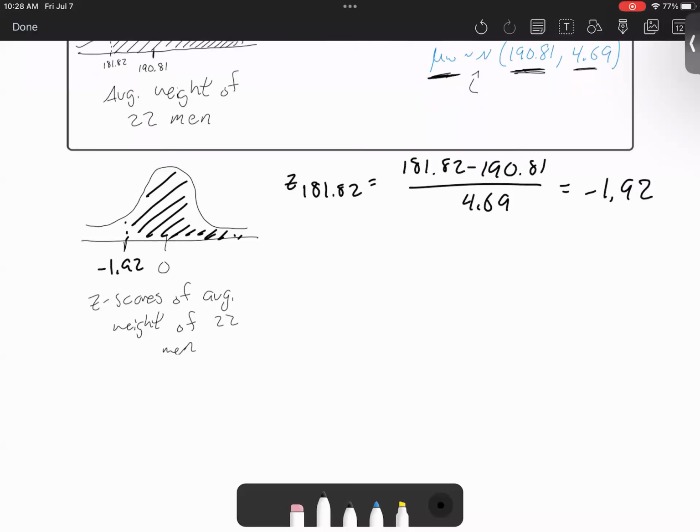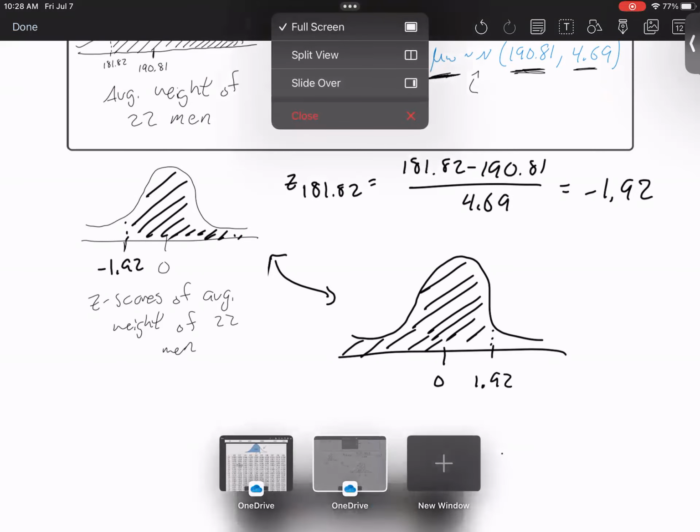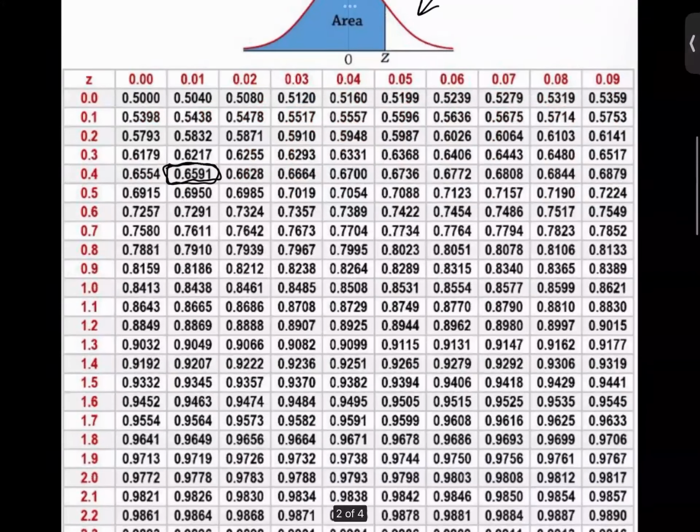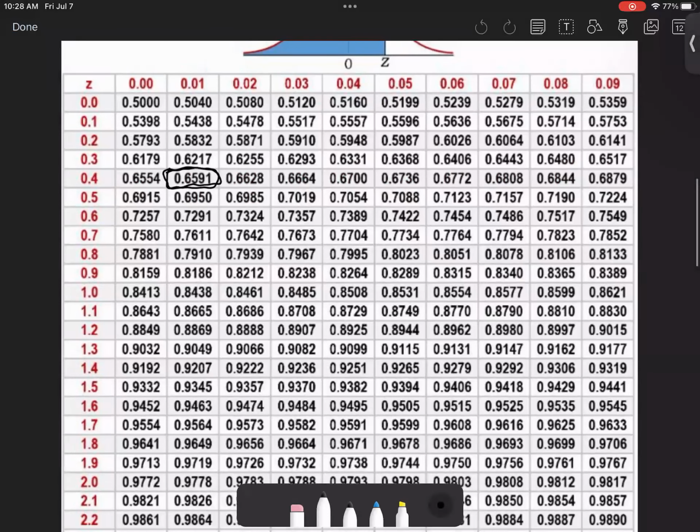So again, my table only has positive z-values, so I need to rewrite this as the area to the left of positive 1.92. Okay, so let's navigate to our z-score chart. 1.92 is right there.